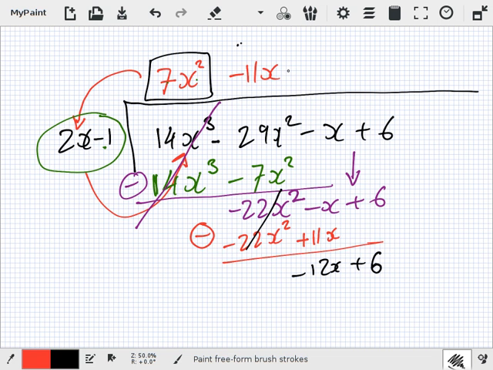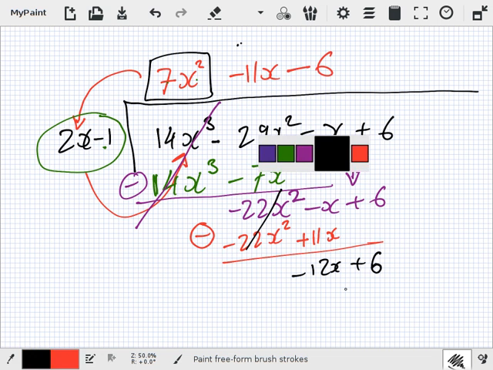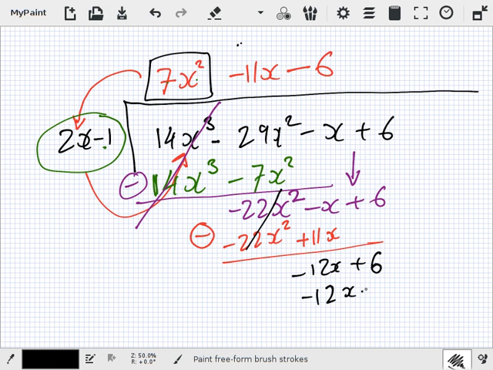Minus 6 into 6. Plus or minus? Minus. So now I have minus 12x plus 6, and my remainder? 0. This is the answer here.